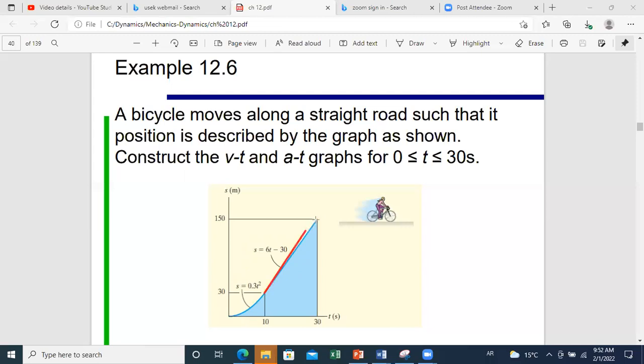You just take 2 points of your graph, and the velocity is equal to the slope. So I have just to take delta s over delta t. And I can read from these 2 points that delta s is 150 minus 30 equals 220 meters.